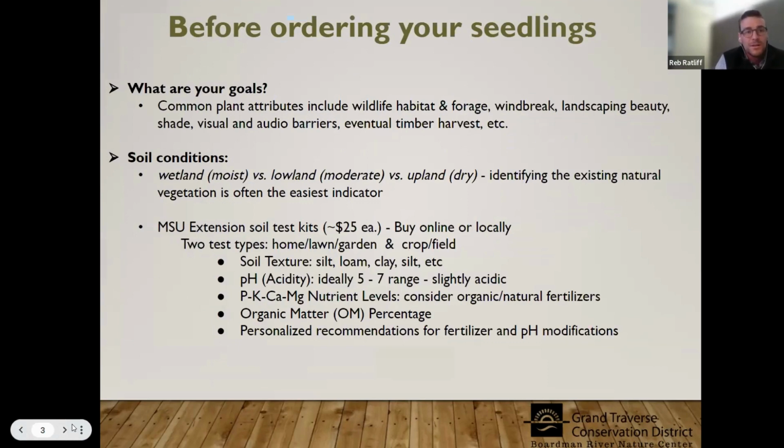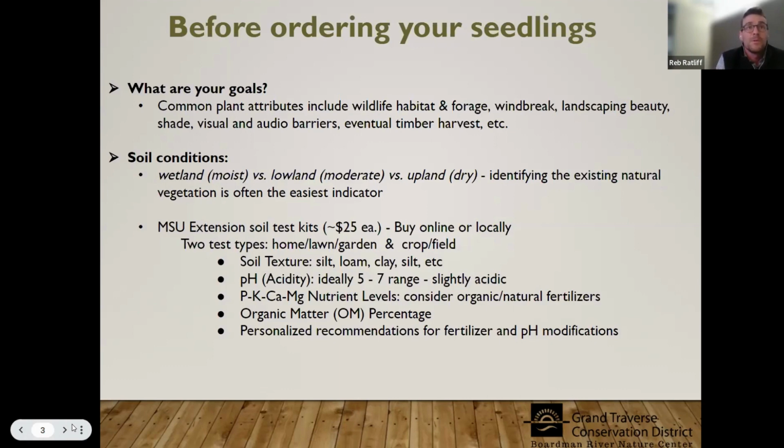Most of you are attending tonight's workshop because you already have an idea in mind of what you might be interested in trying to accomplish. Some common plant attributes are wildlife habitat and forage, windbreak, landscape beauty, shade, visual and audio barriers, and eventual timber harvest. A lot of different reasons why many of you might be here tonight.